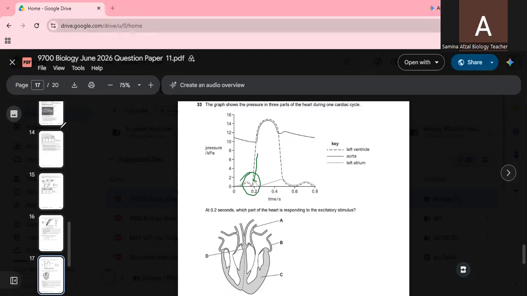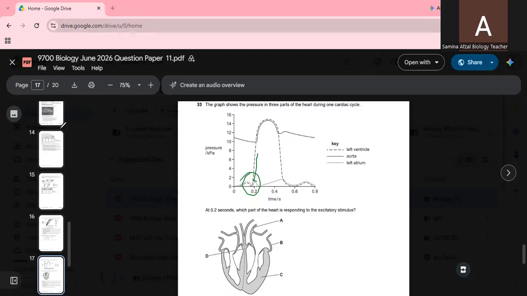So at this point in the cardiac cycle, the wave of excitation has traveled through the atrioventricular node and bundle of His, reaching the Purkinje tissue and ventricular muscle walls to stimulate ventricular contraction.